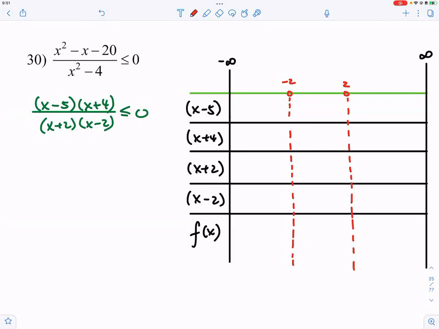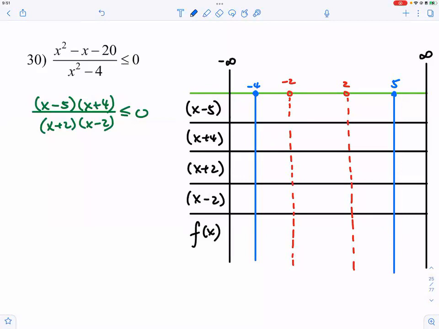Then we have the x-intercepts. We look at the numerator: my x-intercepts are at -4 and +5. I'm going to use a pair of solid lines in this case because they are included in the solution set.